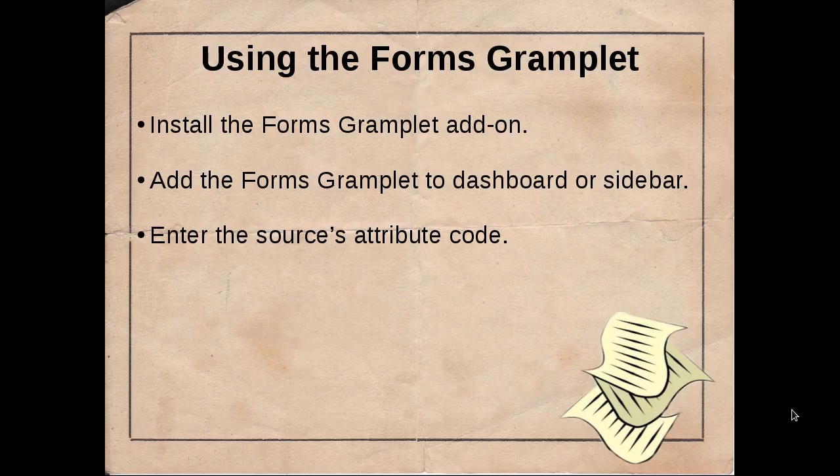Alright, I'm back on my other computer where I've already got all my add-ons installed, and I'm going to use my own family history database to show you how to use the forms Gramplet. Okay, and the next item up on our agenda is to enter the source's attribute code, which is easier to just show you than it is to explain.